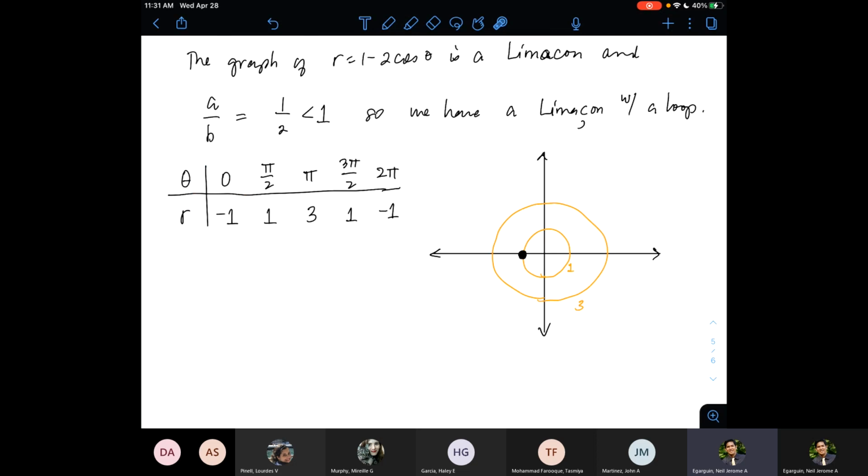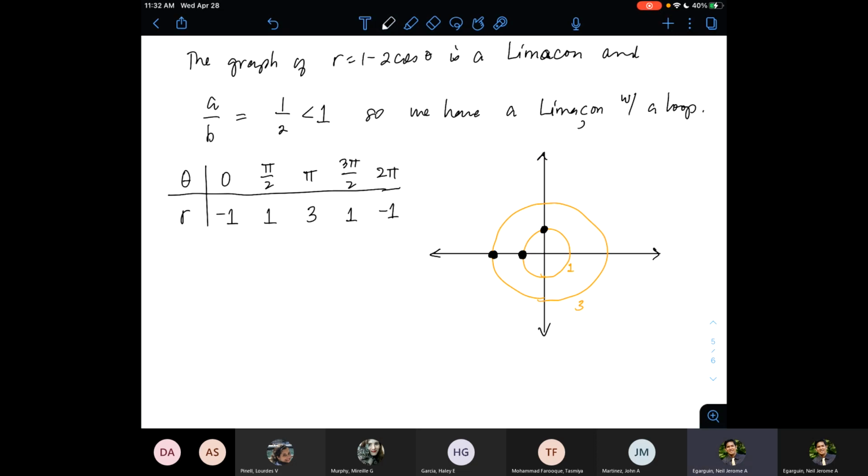So this is the polar point -1, 0. All right. And then when theta is pi over 2, so we are supposed to travel here. The r value is 1, so I will put my point 1 unit in that direction. So I get this. All right. When theta is equal to pi, so we'll be here, right? The r value should be equal to 3. So that means in that direction, I will have this point. Okay.